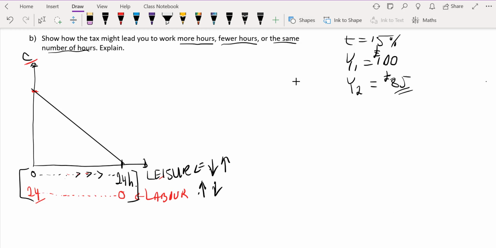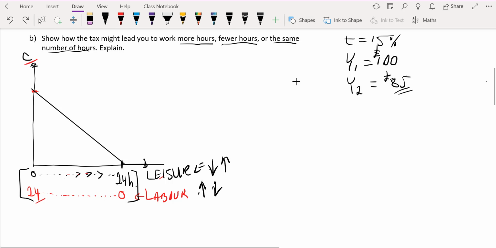After the imposition of the tax, we have a lower income, that's £85, and if you divide it by available hours, that will be a lower wage rate as well. So we will have less time for work, and obviously consumption will also decrease. So that leads to this point.